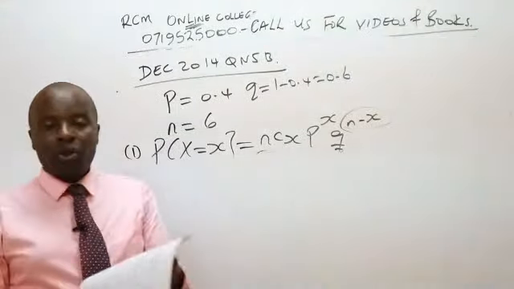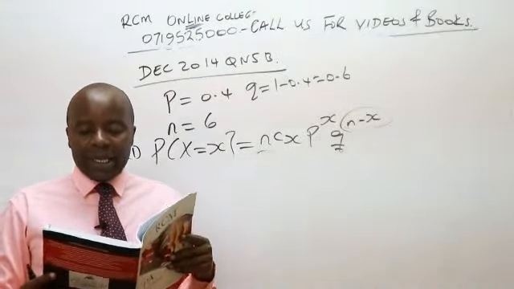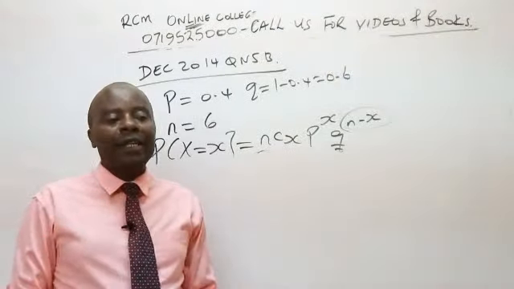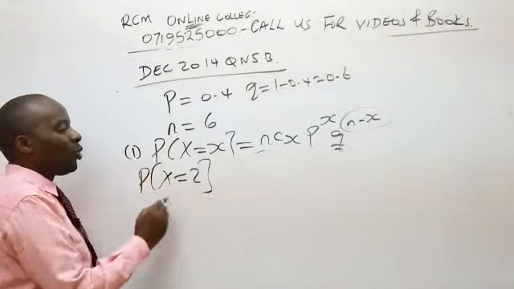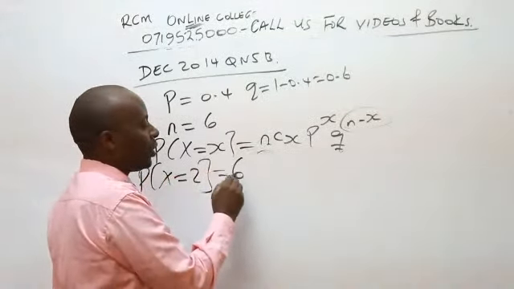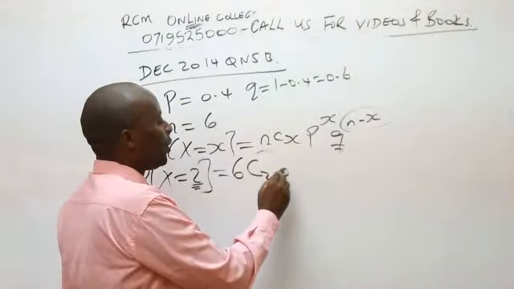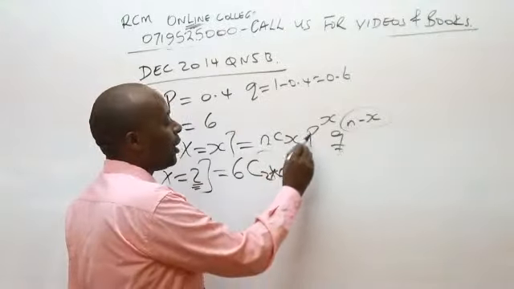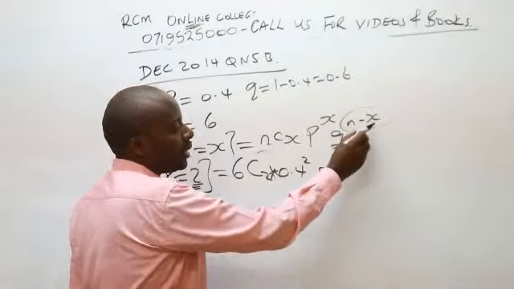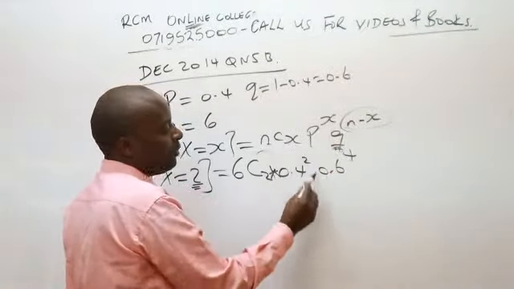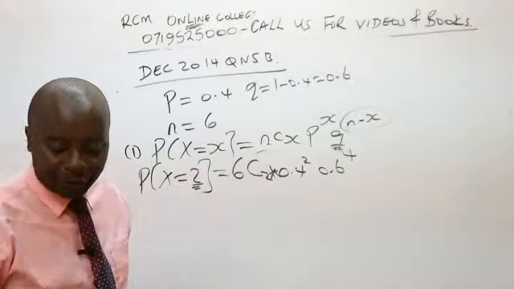So now we go to the second question, still under December 2014. Exactly 2 households were affected. So probability of X being equal to 2. n still stands, 6 combinations x, where x is 2. p, which is 0.4, raised to x, which is 2. 0.6, which is my q, raised to the balancing power. The balancing power here will be 4, given that the two must add up to 6.